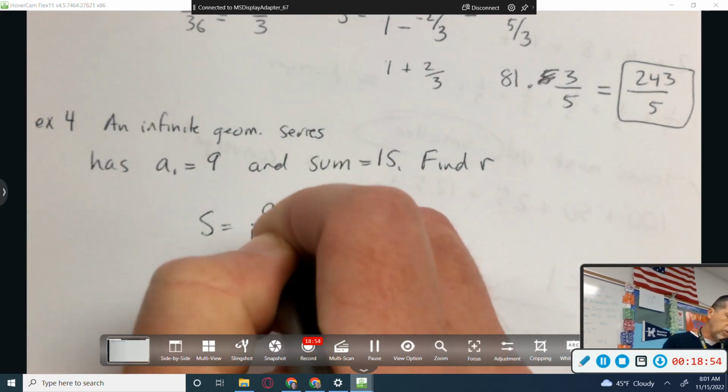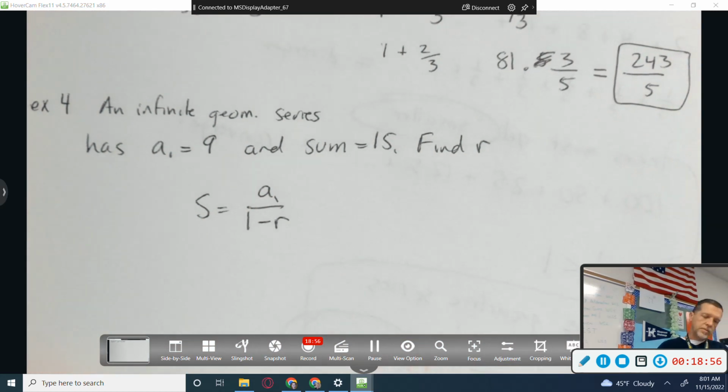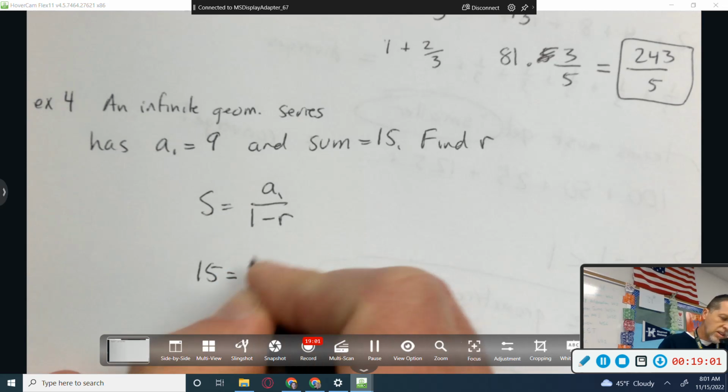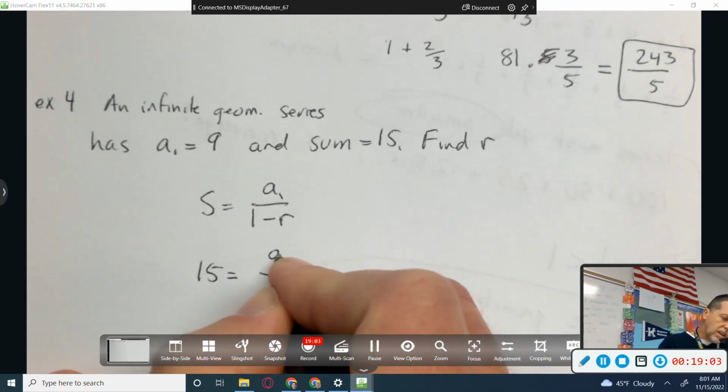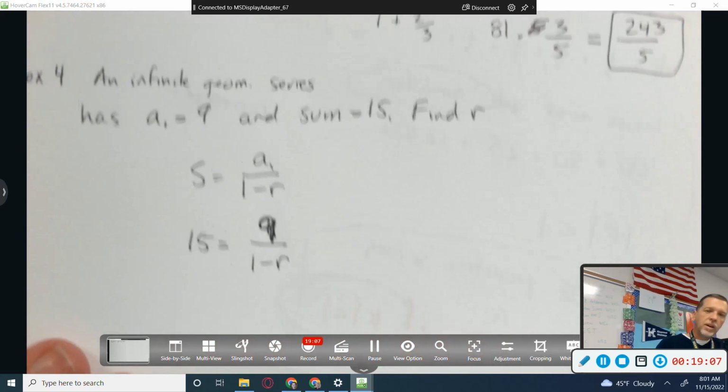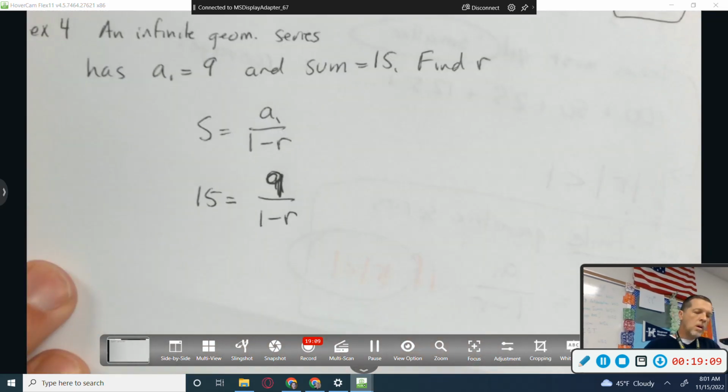So we'll use our formula. And I just plug in the things that we know. The sum is 15. Oops, a1 is 9, over 1 minus r. Okay, algebra experts, what would you like to do to solve for r? I wouldn't divide by 9 because then you got 1 minus r stuck in the denominator. I'd multiply by 1 minus r.